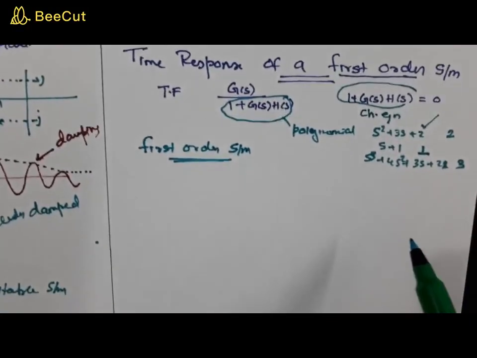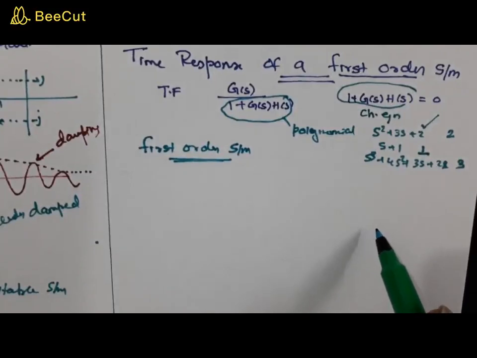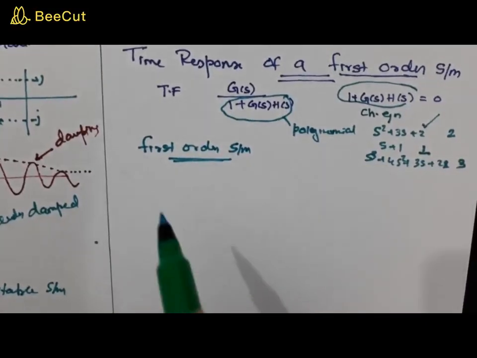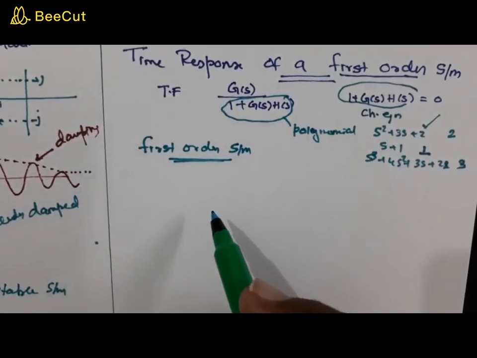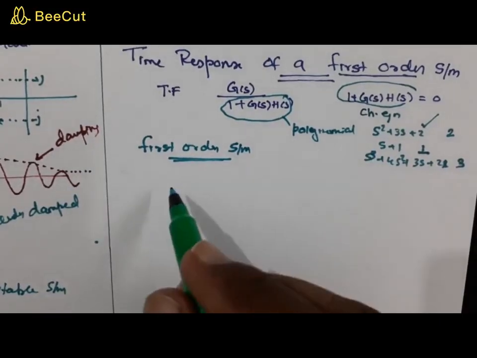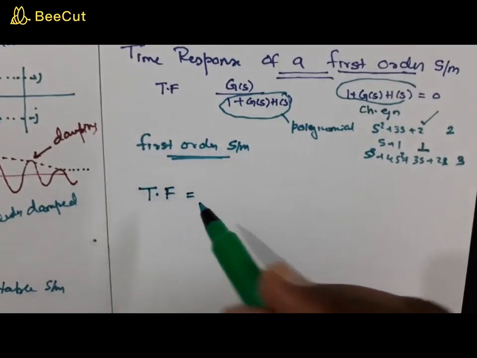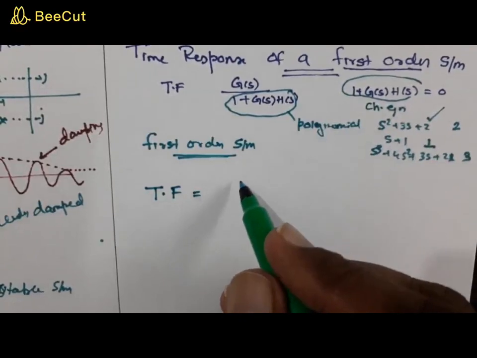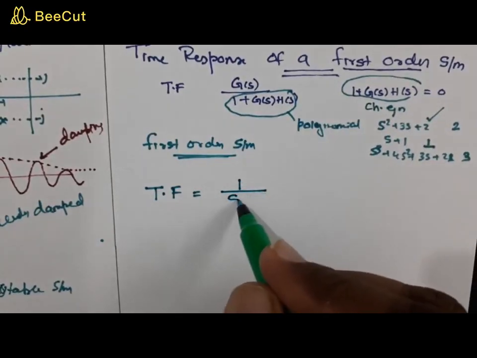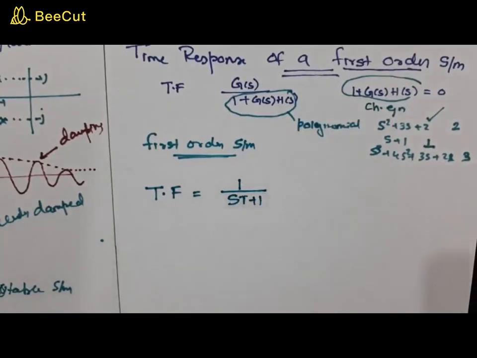Now, next question is, from where will you find out the time response? So we will start with the basic first order system transfer function. Assume that you have a transfer function given by 1 by sT plus 1. This is actually C(s) by R(s).